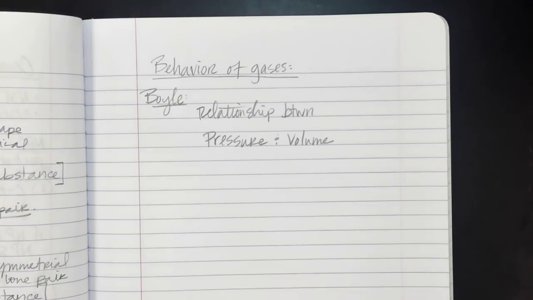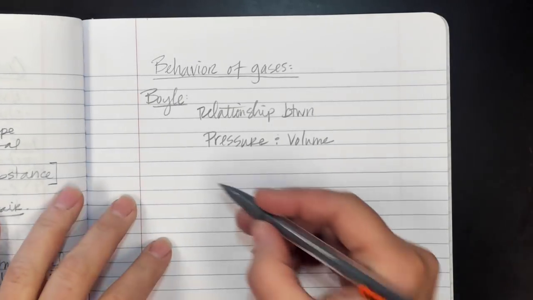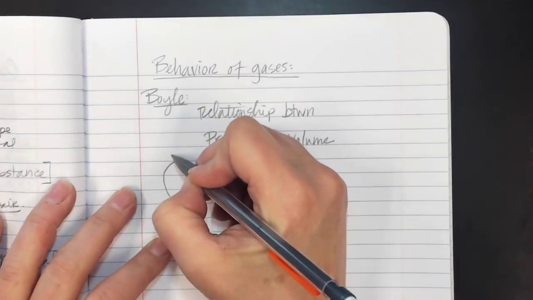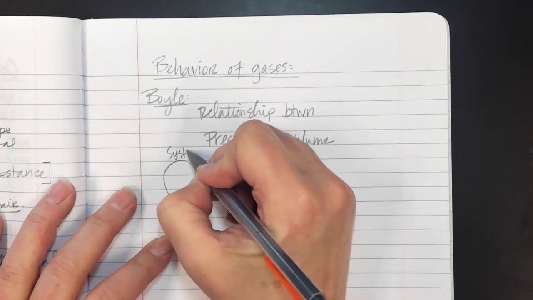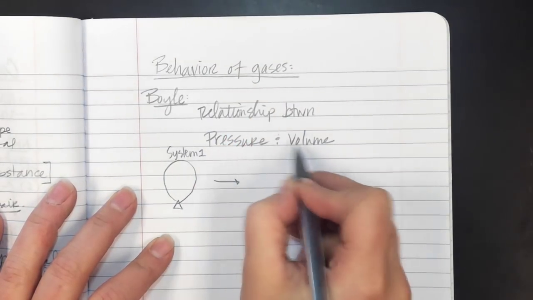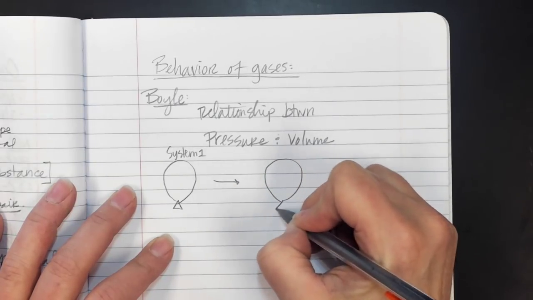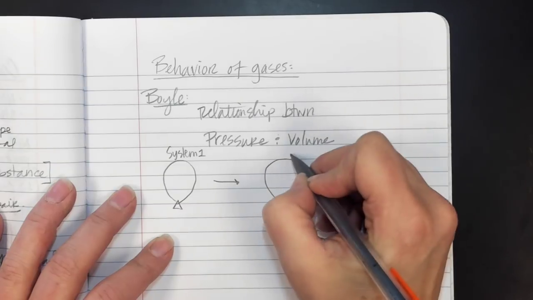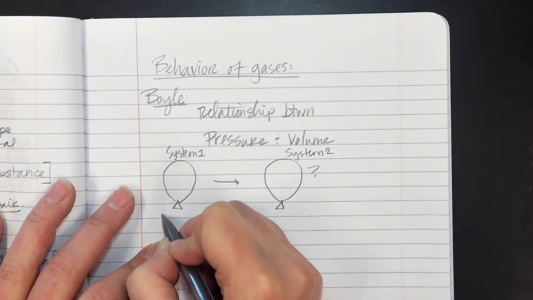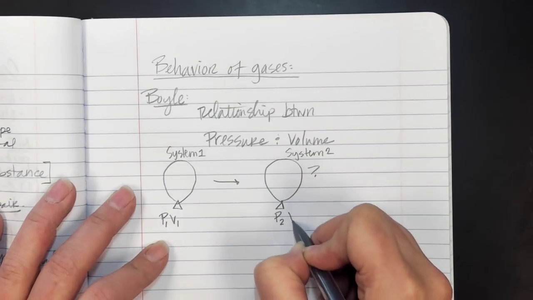What he did was investigate different types of gases, looking at initial systems, system 1, balloon number 1. Then he would modify one of these two variables and observe what would happen to system 2, the after. We can call these system 1 and system 2, like pressure 1, volume 1, pressure 2, volume 2.